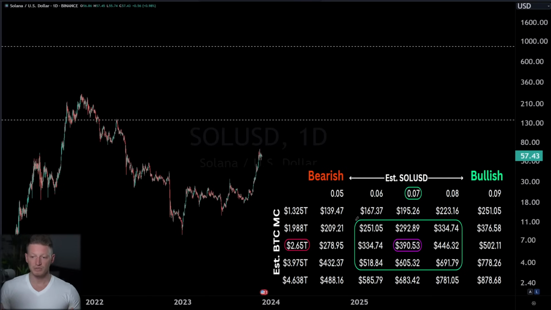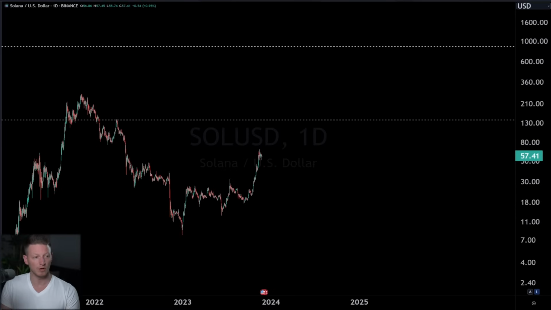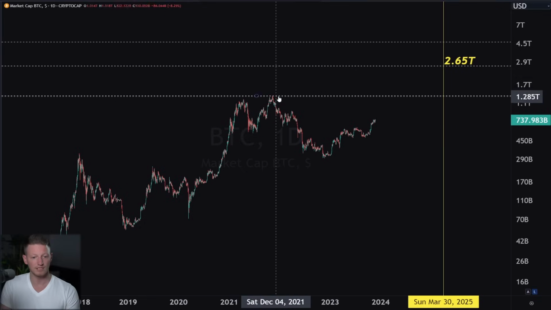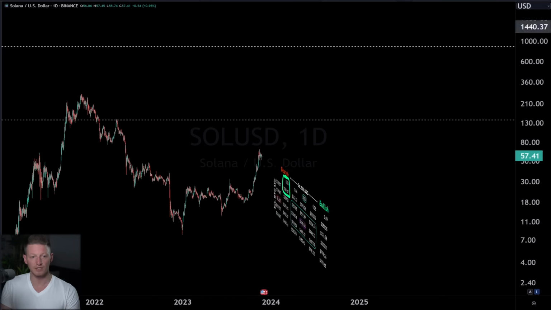And you can also use this in bear markets. Let's suppose that $57 was a local high and we came crashing back down and got all the way down to $5. And then even in your most bearish scenarios you can come up with, Bitcoin only gets back to its prior all-time high, around the $1.3 trillion level.